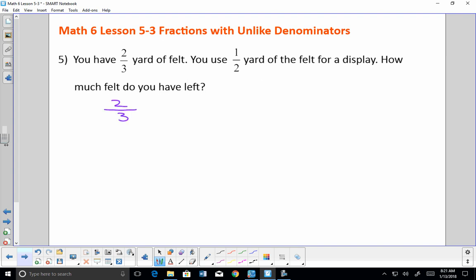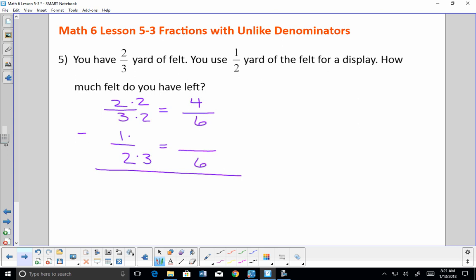The least common denominator between 2 and 3 is 6. So my least common denominator here is 6. I need to multiply 3 times 2 to get 6, so I need to multiply 2 times 2 to get 4. 2 times 3 is 6, so I need to multiply my numerator 1 times 3 to get 3.